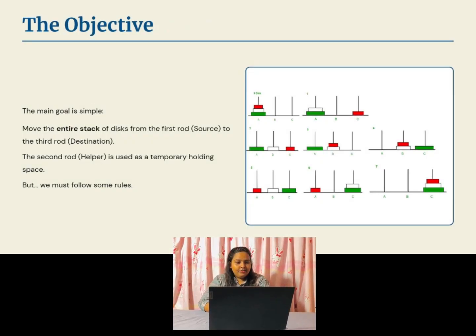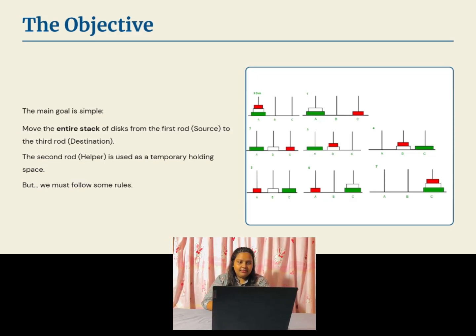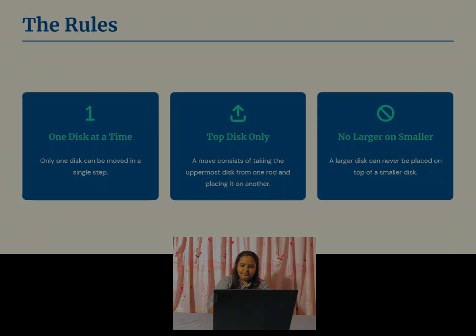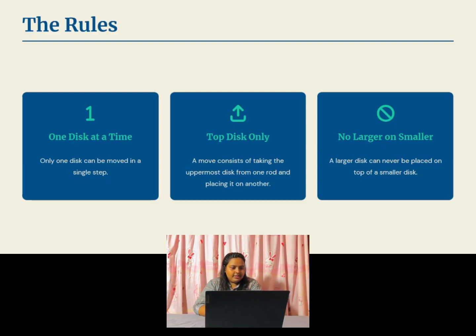The main goal of the Tower of Hanoi problem is simple. Move the entire stack of discs from the first rod to the third rod using the second rod as a helper and a temporary rod. Sounds simple? But the catch is we must follow some rules. There are 3 important rules in the Tower of Hanoi. 1.